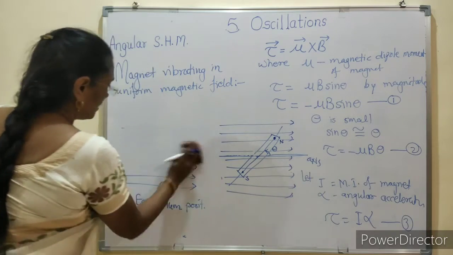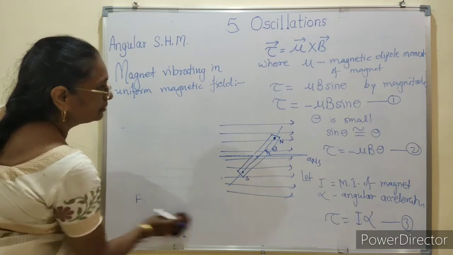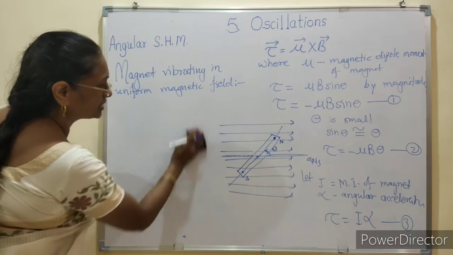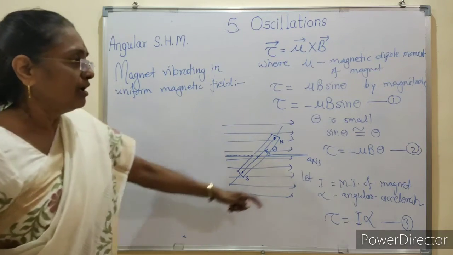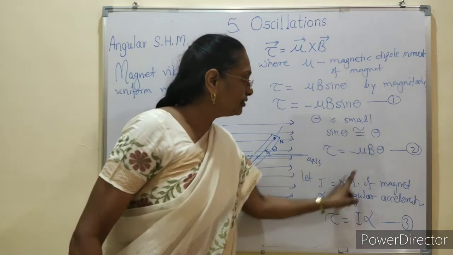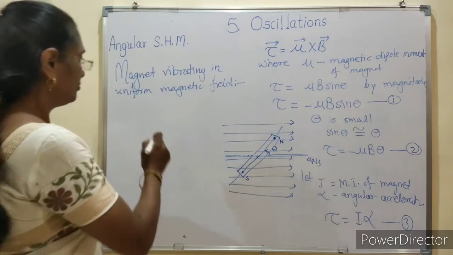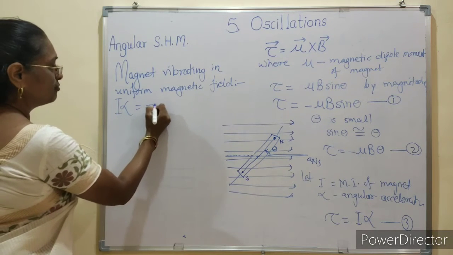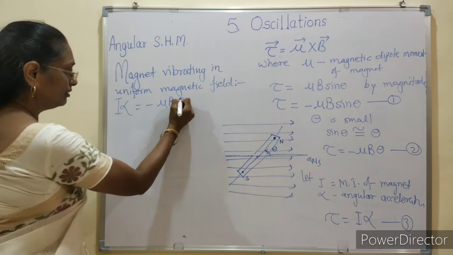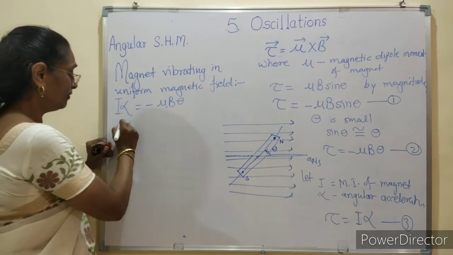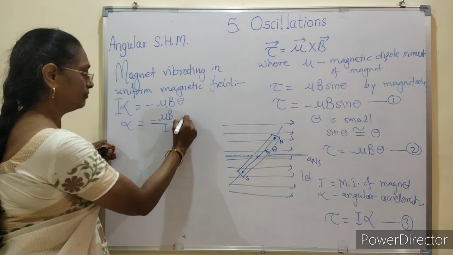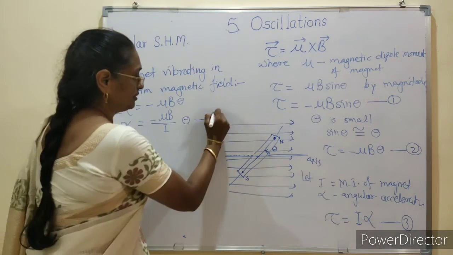Now equating, the LHS are the same, therefore the RHS can be written as I alpha is equal to minus mu B theta. Alpha is equal to minus mu B upon I multiplied by theta. This is equation number 4.